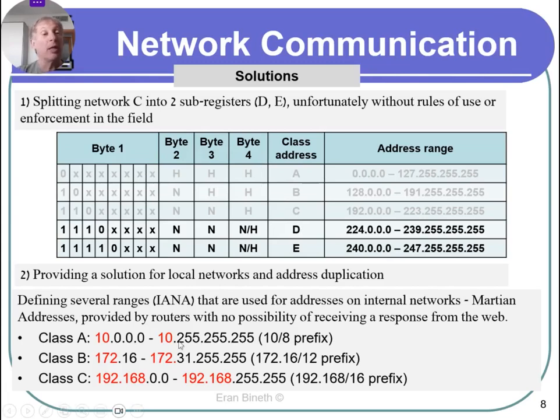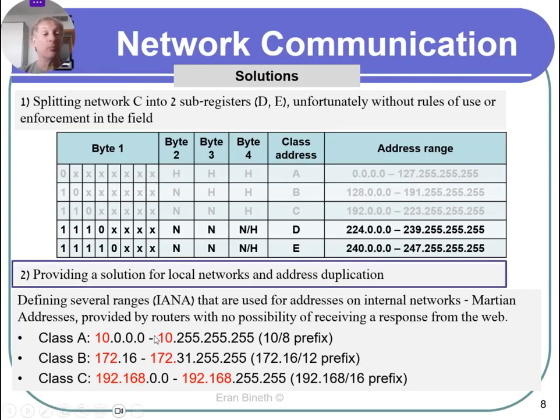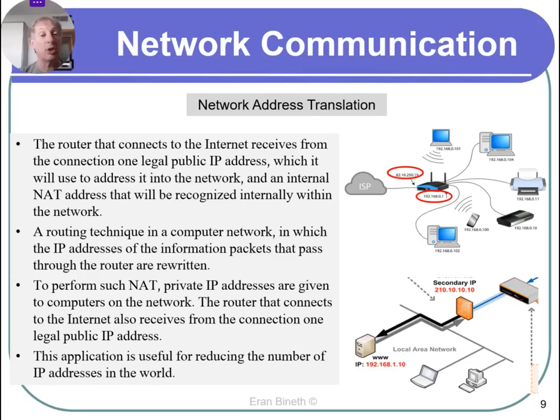The Martian addresses were a much better approach, allowing the duplication of addresses across houses with the NAT scheme. The NAT scheme given by the router allowed the router to represent itself to the destination address.